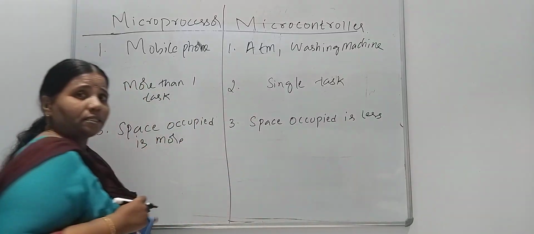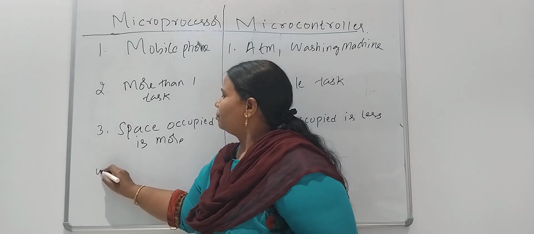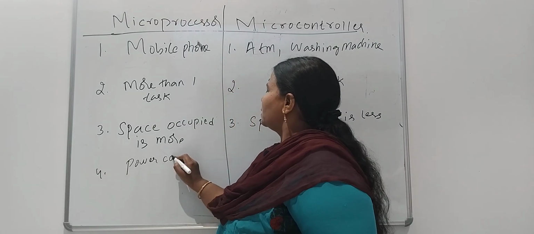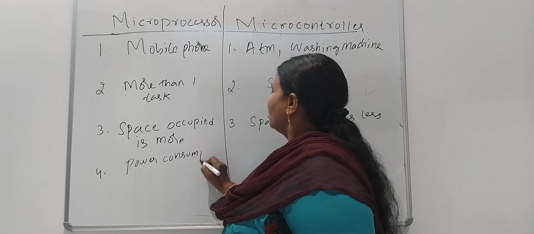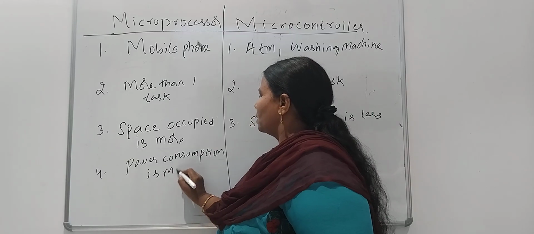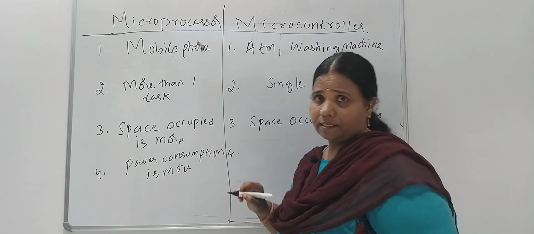Because you are using extra hardware to connect it, power consumption is more when you go for a microprocessor. When you go for a microcontroller, everything is present inside, isn't it?